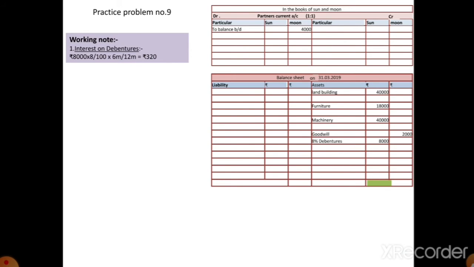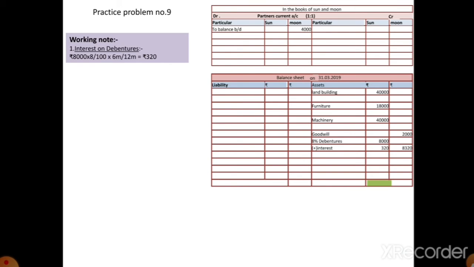Rupees 8,000 is the total amount of debentures, or the investment, at 8%, it means 8 divided by 100, and we calculate a total of 6 months' interest because these debentures were purchased on 1st October, and up to 31st March we used it in the current year. That's why we multiplied by 6 months divided by 12 months, so we get the interest amount on debentures, that is 320.